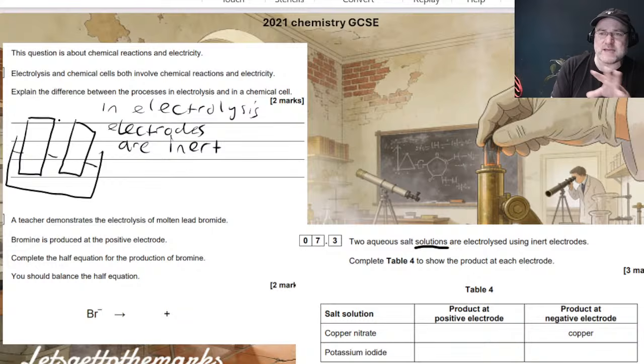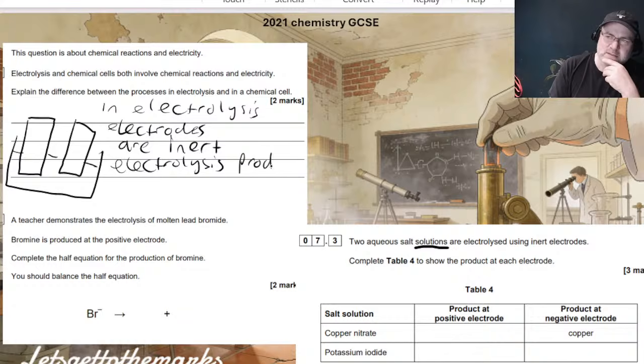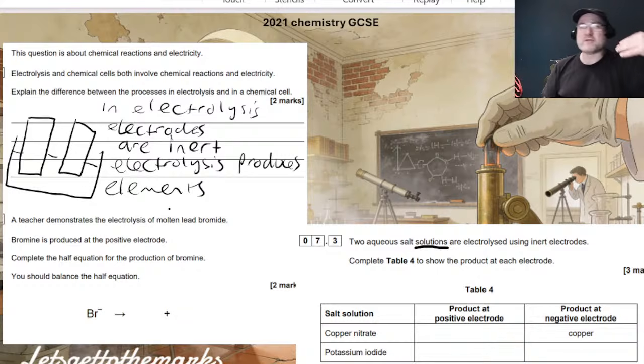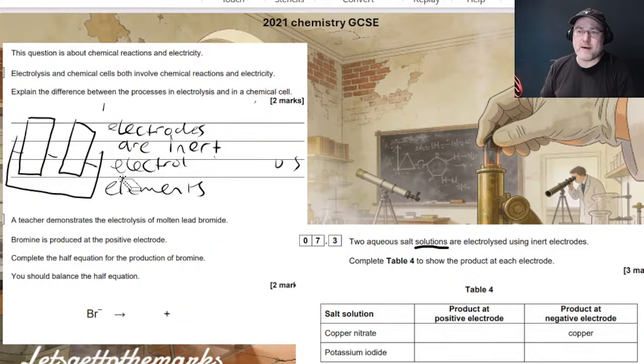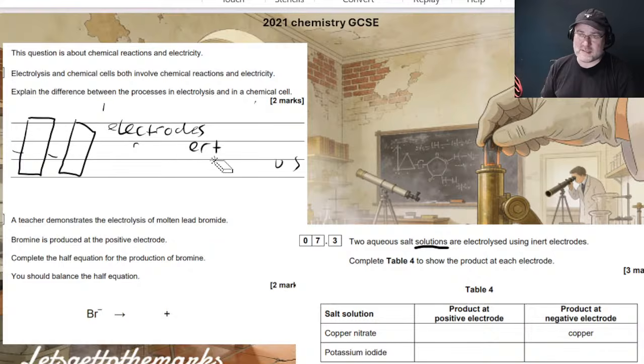So in electrolysis, the electrodes are inert. What does electrolysis produce? Electrolysis produces electricity. No, electrolysis produces elements, sorry. But also you could say electrolysis splits compounds. So that's my other difference. In electrolysis, the electrodes are inert, and it splits a compound using electricity.